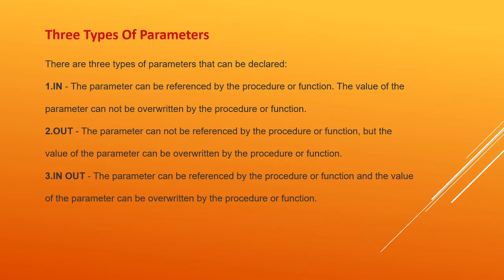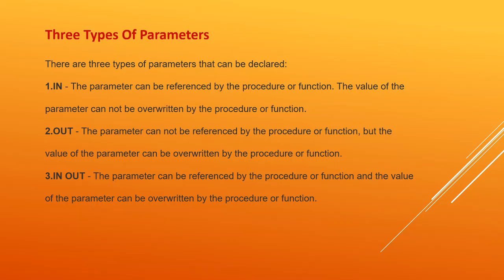So you can send a value back to the main program environment through the out parameter. And an in out parameter is a combination of both. That particular variable can receive a value from the main environment and can send a value to the main environment from which it has been called.